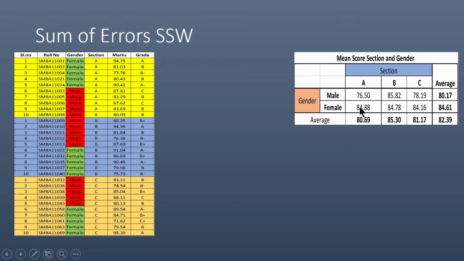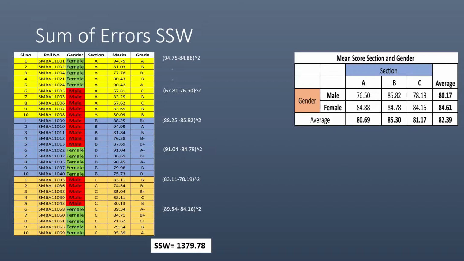So you need to take deviation from the mean of section A for the female, which is 84.88. Like that you do it, and then you square it.